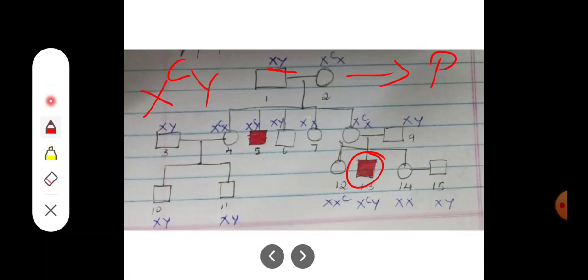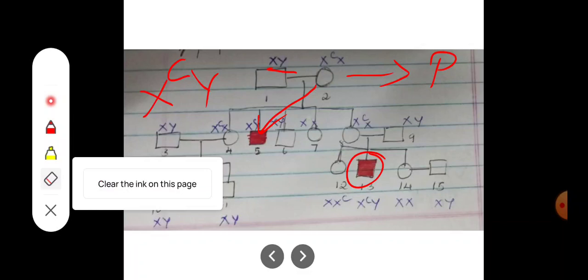In the same way, if the mother were diseased, she would be shaded like this, but in the diagram they don't show that. So what does it mean that the child has the disease? The mother's child has the disease, but the mother is not affected. Then how should she be? She should be a carrier. It means that one of her X chromosomes carries the gene which codes for color blindness.